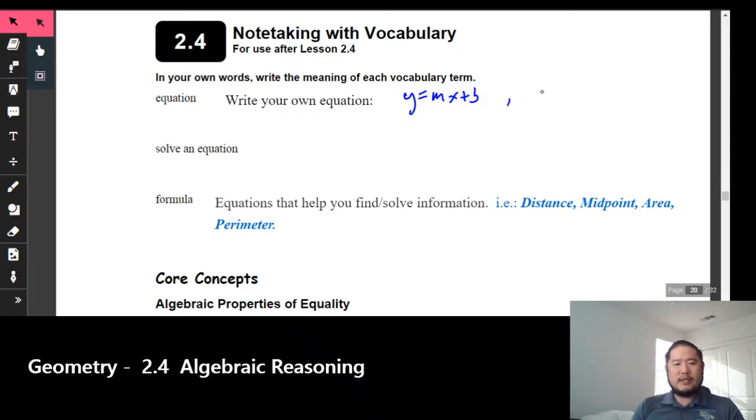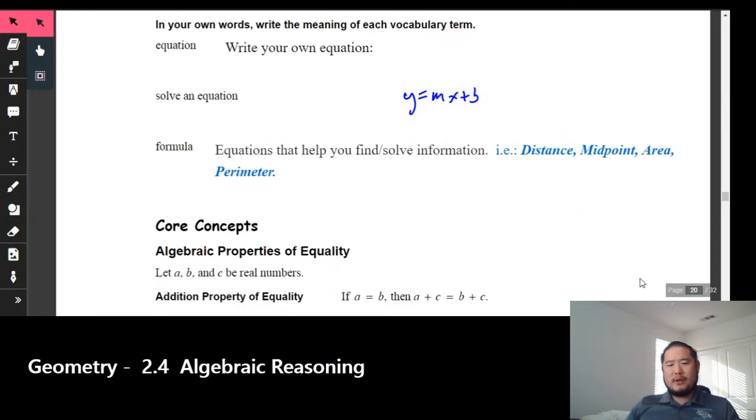Those are all the different equations, or they're formulas that'll help you find certain things. So a formula is an equation that helps you find and solve information: distance, midpoint, area, perimeter, whether it's a square, circle, etc. Those are all things that you should be familiar with at this point in time.